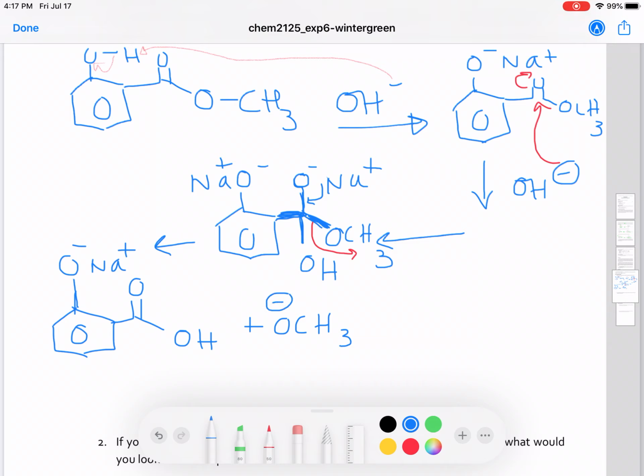So this methoxide ion, or another equivalent of sodium hydroxide in the medium, can go and grab this hydrogen. So after the end of the sodium hydroxide reflux, what we will have in the reaction flask is this carboxylate anion, O minus. This is what we're going to have.